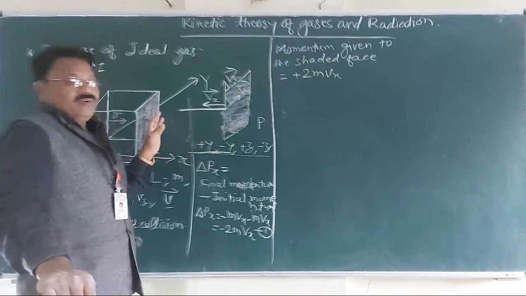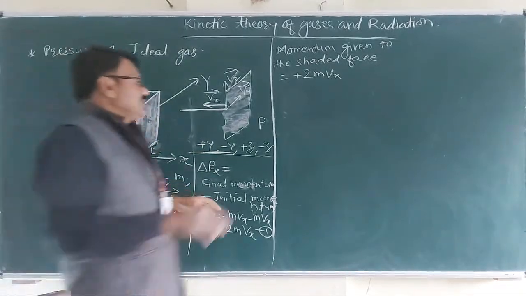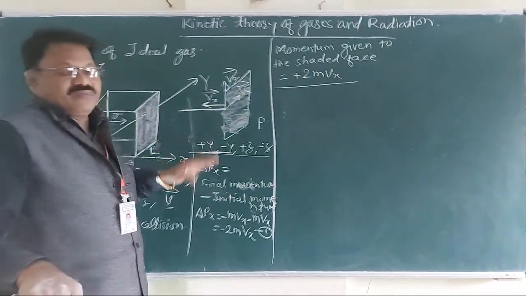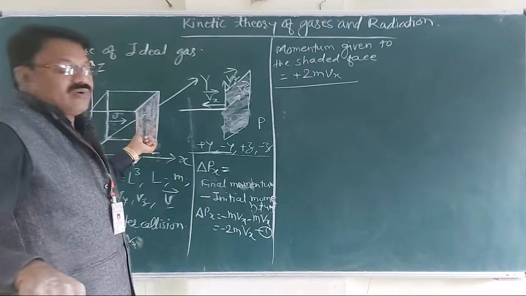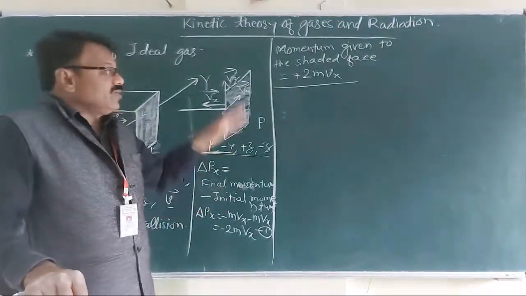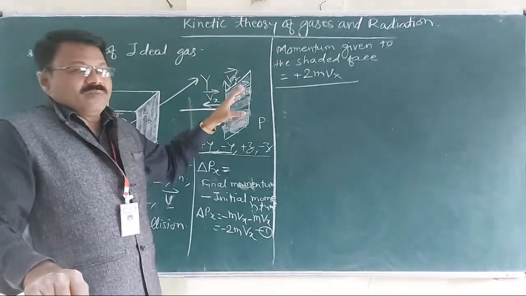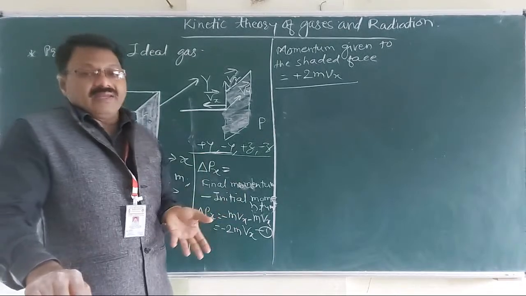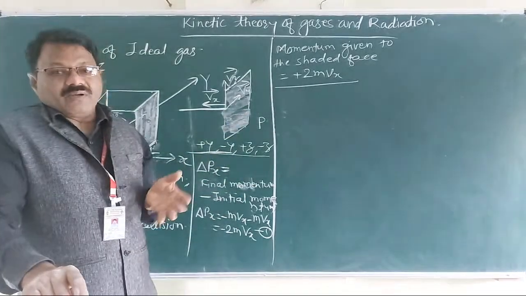Now we want to find the average force. Average force exerted by a single molecule on the shaded region is obtained by the rate of change of momentum. Rate of change of momentum means we are dividing the average change of momentum by the time.